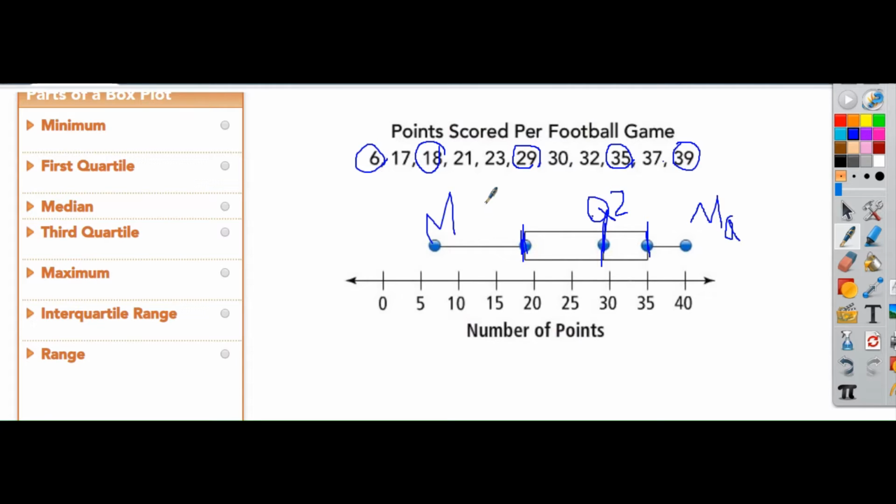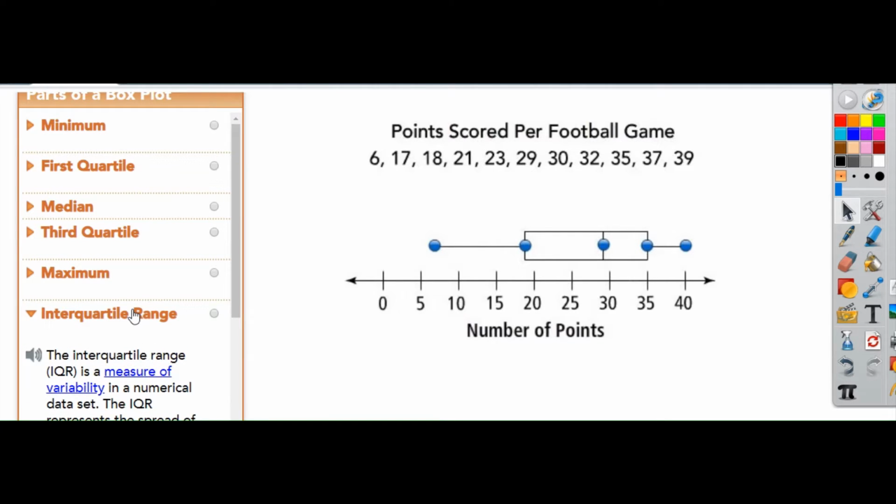So interquartile range is a better measure of variability because it's that middle 50% of the data, and it's not affected by outliers. So the interquartile range is going to be the distance from quartile 3 to quartile 1. So you subtract the quartiles, and then you'll get the interquartile range.